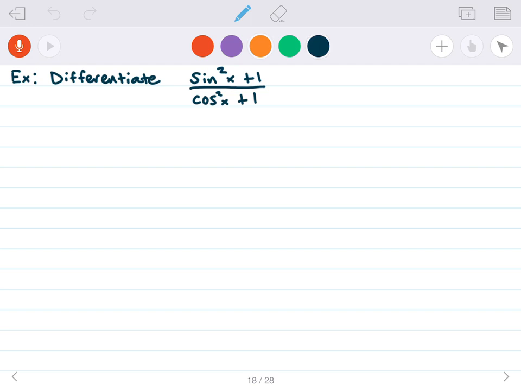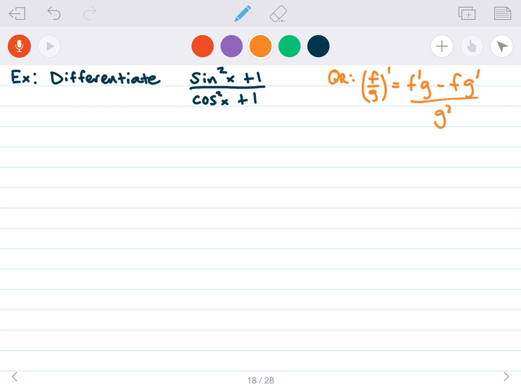Let's remind ourselves of what the quotient rule is. The quotient rule tells me that f over g prime is equal to f prime g minus f g prime, all over g squared.